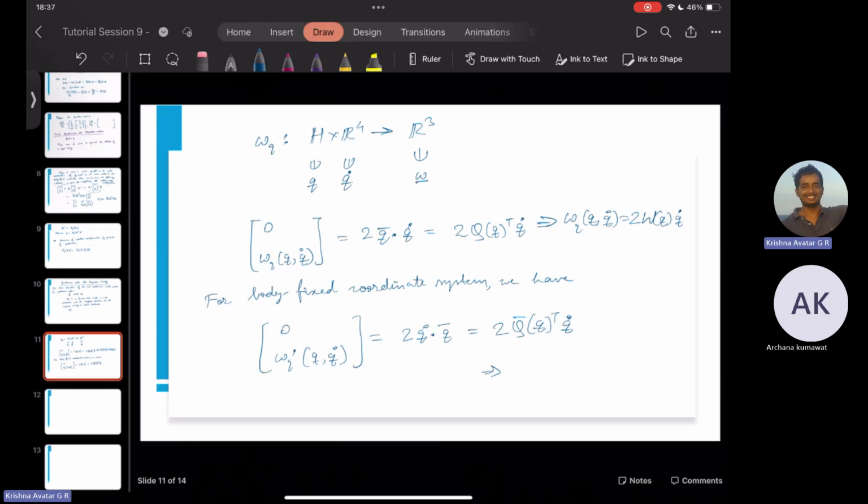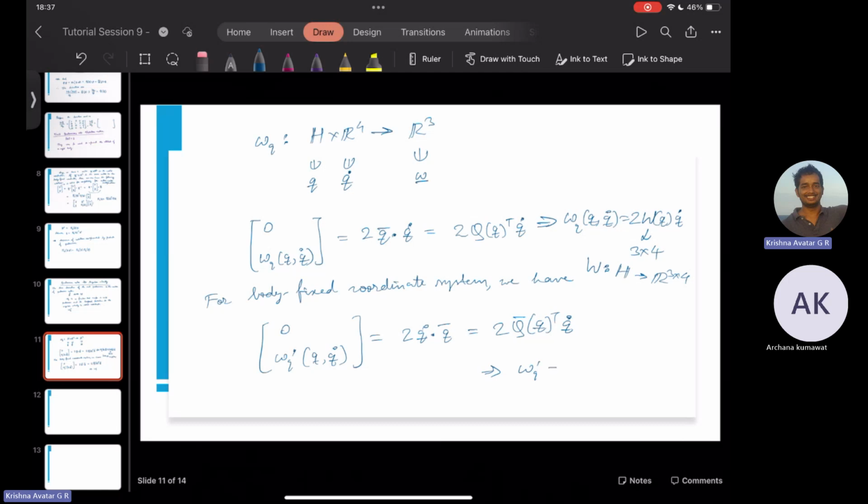Here this W is a matrix of size 3 cross 4. So in fact, W is a mapping from the H quaternion space to R 3 cross 4 matrices, right?